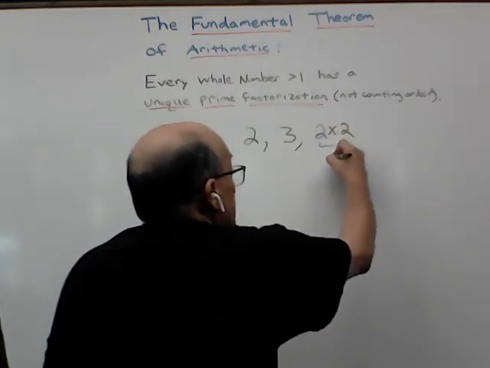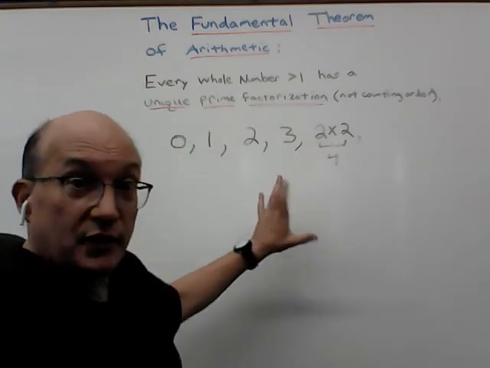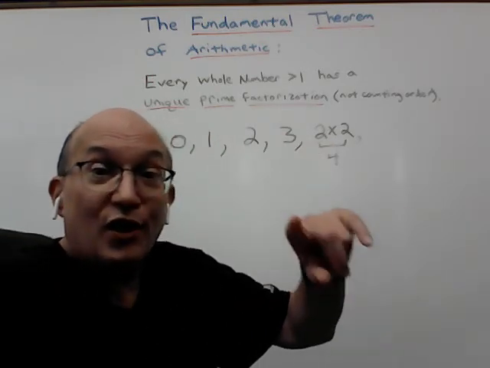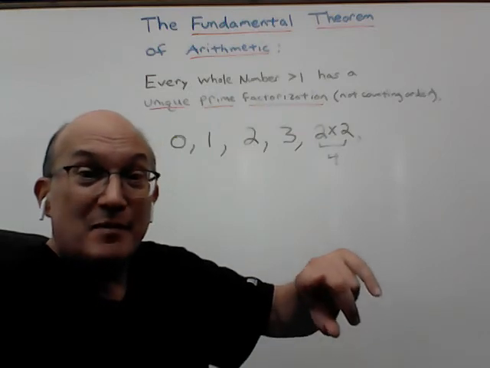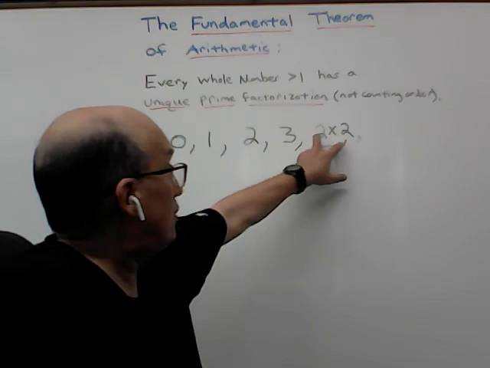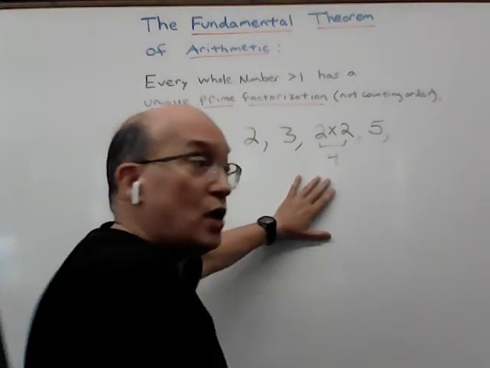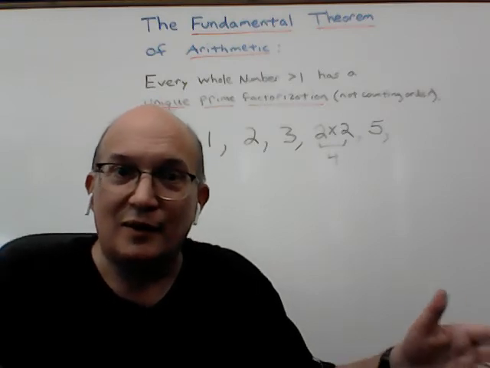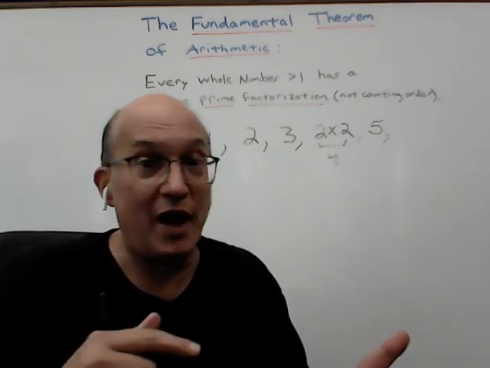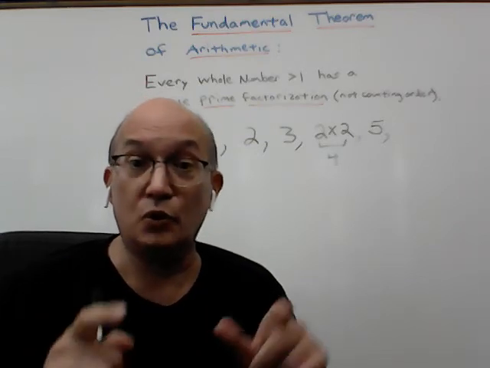Down here, just to remind us of this fact, what I'm doing is I'm indicating all of the whole numbers, but I'm doing it without using any composite numbers. So instead of 4, I wrote 2 times 2. Now after 4 comes 5, which I will write there, but I'm not going to write 6, because 6 is not prime. What is the prime factorization of 6? 6 is 2 times 3.